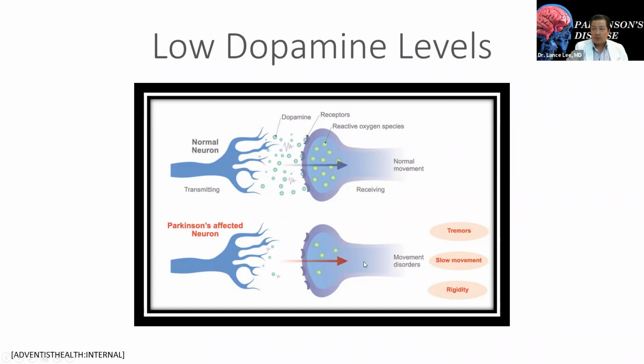So in movement disorder patients like Parkinson's patients, we're lacking this transmission. We're getting less dopamine, and as a result, you get typical symptoms of Parkinson's, such as tremor, slow movement, and rigidity, and many more.